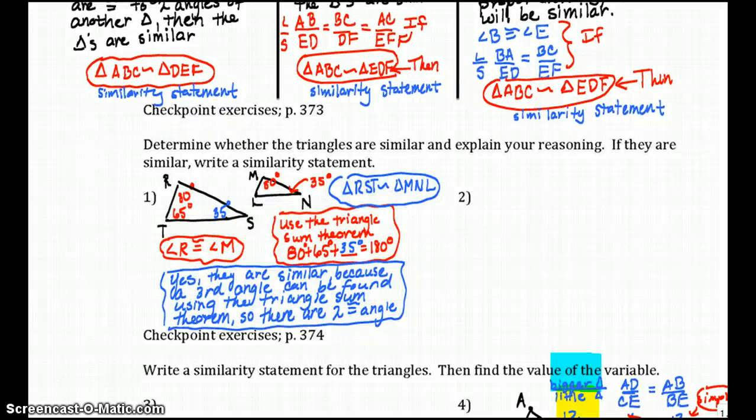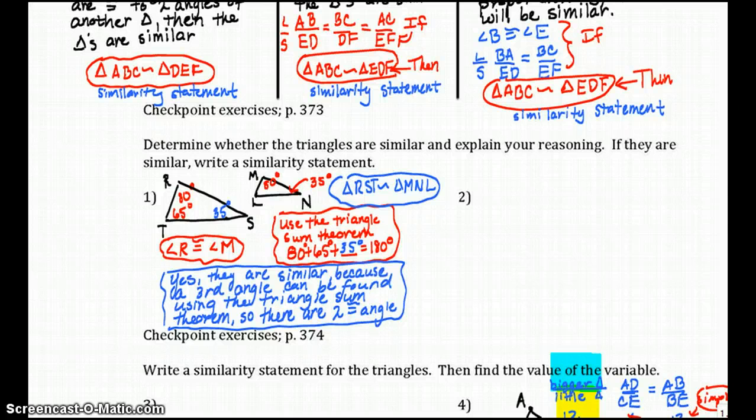Initially, when you look at this, you can see that angle R and angle M are congruent at 80 degrees. So that's one angle. But then you see that you have a 65-degree angle and a 35-degree angle, which are not congruent, but they again are not corresponding. So if we use the triangle sum theorem, 80 degrees plus 65 degrees is 145 degrees. To get to 180, because all triangles' interior angles equal 180 degrees, it's 35 degrees.